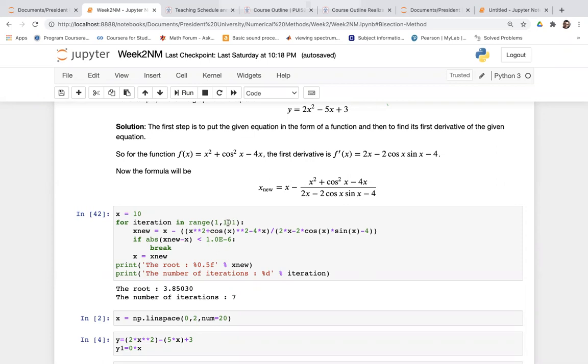The end value is not included in the range. Okay, so put x new. Look at this. This is x new, the new value. This is the old value x minus f(x), and then this is the prime. Yeah.